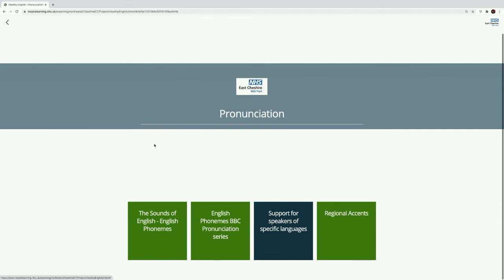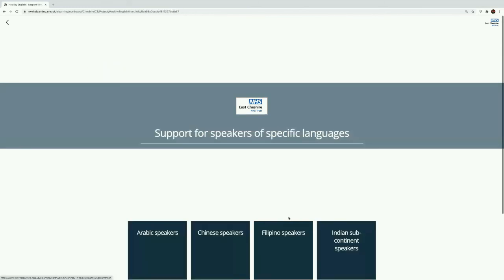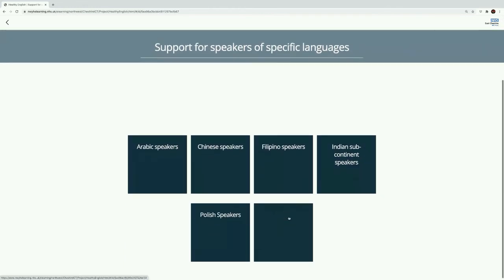These problems will be different for individuals depending on what their native language is. So a native Filipino speaker, for example, will have very different grammar, vocabulary, and pronunciation problems and difficulties when using English compared with, say, a native Polish or Chinese speaker. So there is a section which tries to address the needs of speakers of specific languages.